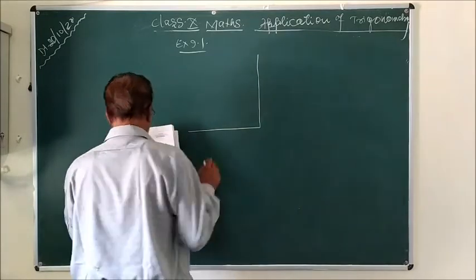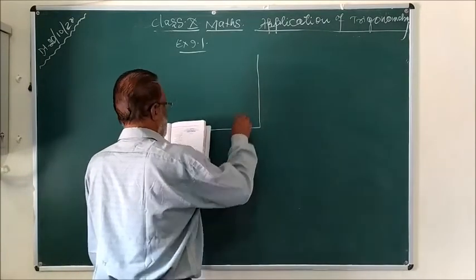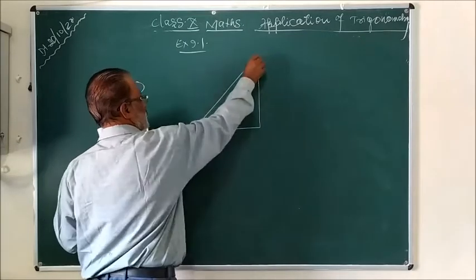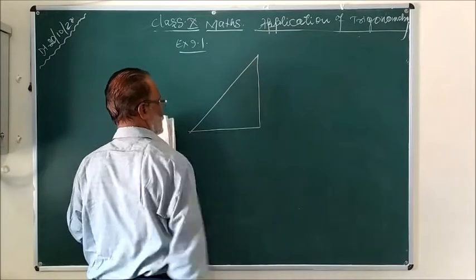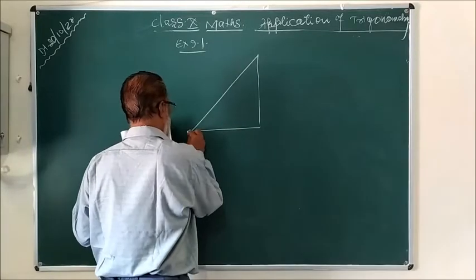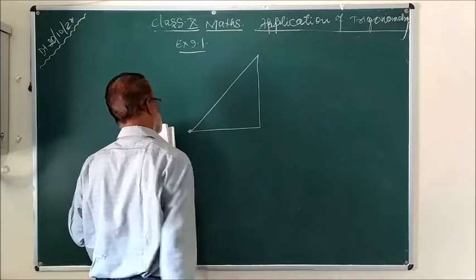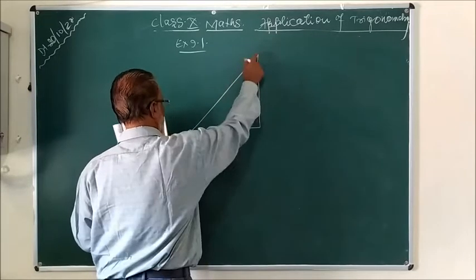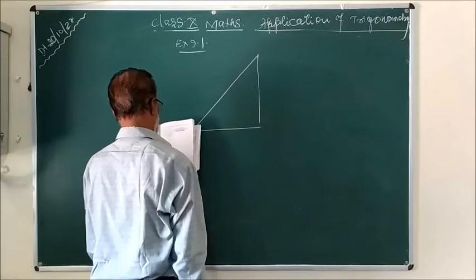A circus artist is climbing a 20-meter long rope. This is the rope. This rope is tied to the top of a tall pole, and this is the ground. By any means, this rope is tied to the top and to the ground.